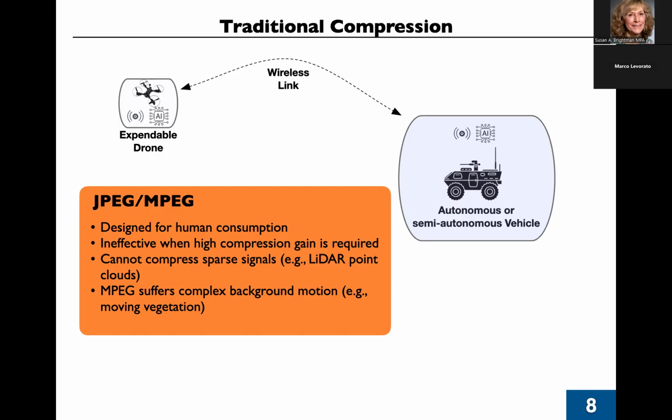And the other problem is when you use temporal correlation, so MPEG, that's sometimes very efficient, but let's say you have moving vegetation, which is a lot of details of things that are changing frame by frame. So there is very little temporal correlation, and there is a lot of detail, and that's where you get a lot of megabits per second rather than a compressed stream, right?